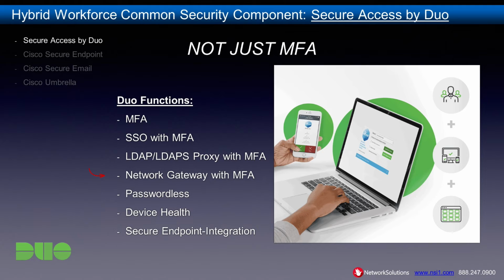It provides multi-factor authentication, even if the native web application cannot provide MFA. So that's very handy. The network gateway also provides secure access to on-premise SSH servers, secure shell, without the need for VPN, and also includes MFA. And the network gateway also provides secure access to on-premise RDP hosts, okay, without VPN, and includes MFA.